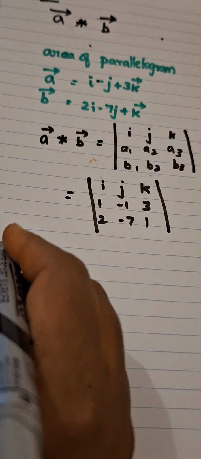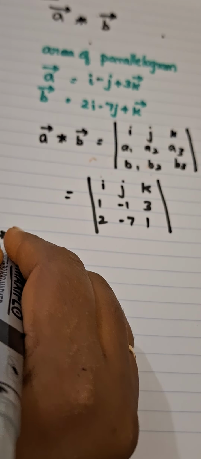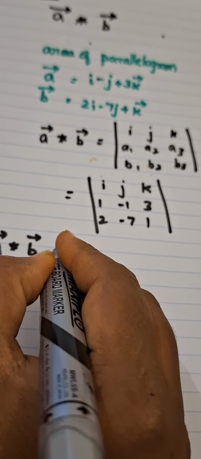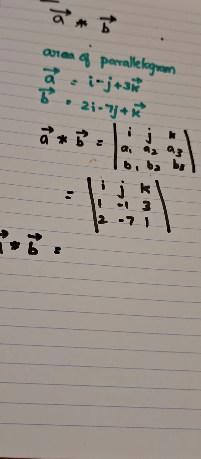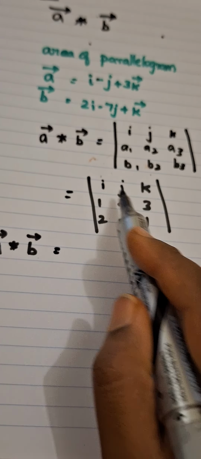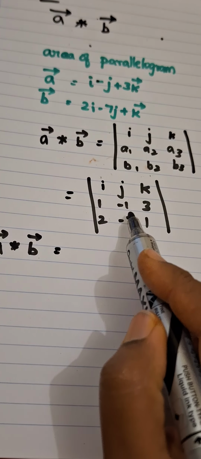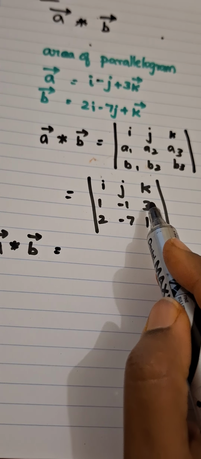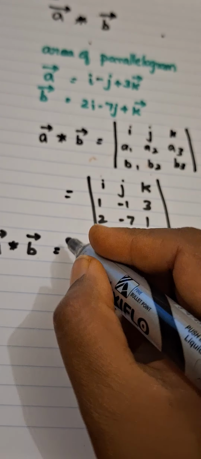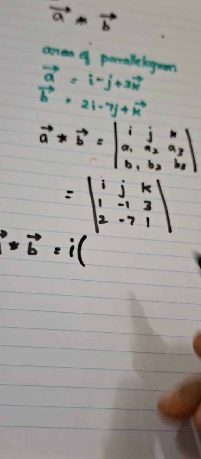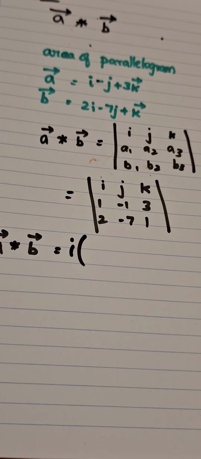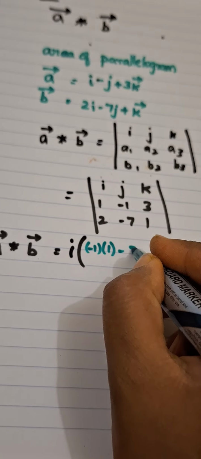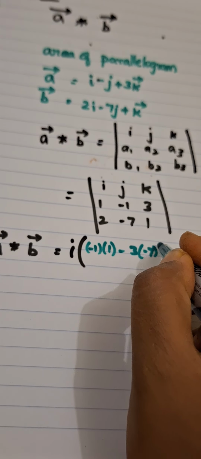So what is the determinant? A vector cross B vector is the determinant, and we know how to solve a determinant. We consider a 2 by 2 block as A B C D, and the value is AD minus BC. First, i into AD minus BC means minus 1 into 1 minus 3 multiplied by minus 7.